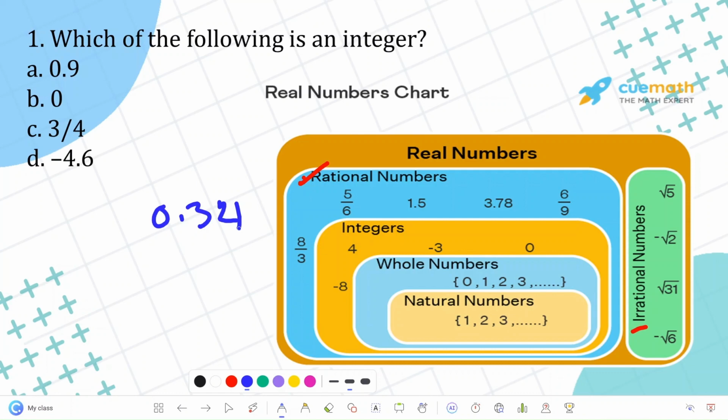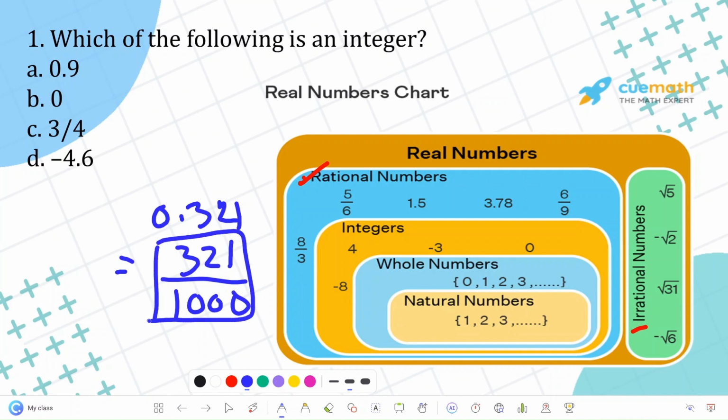Kasi po, ang 0.321 can be also expressed as a fraction. Okay, dahil this can be expressed as 321/1000. So, this is an example of rational numbers.